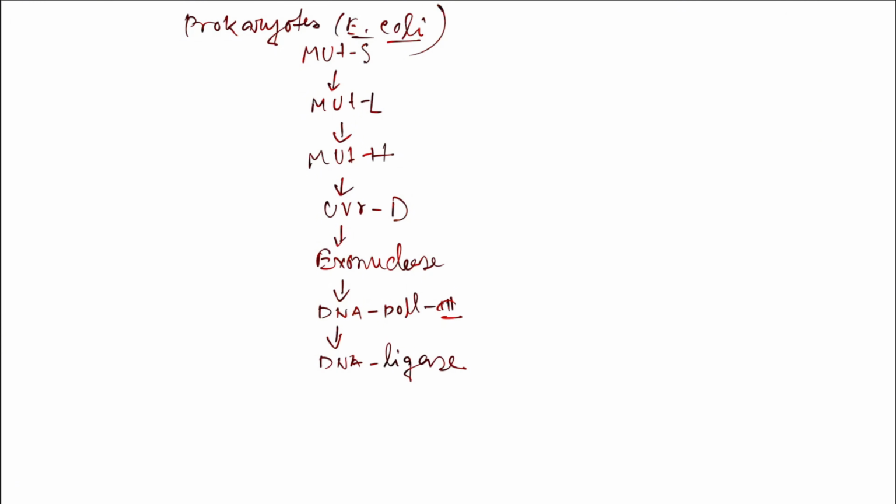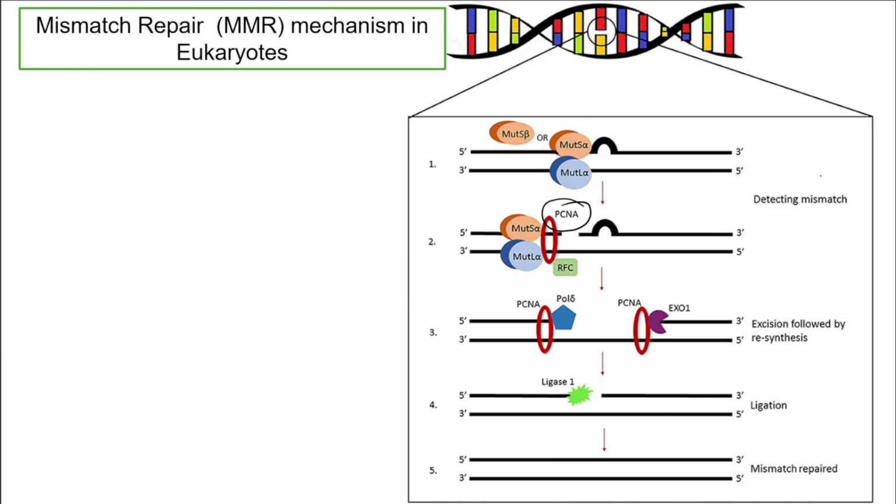But in eukaryotes, the mismatch repair mechanism is more complex than in prokaryotes. In mammalian cells, a mismatch is recognized by one of two MutS homologs. One is MutSalpha, another is MutSbeta.